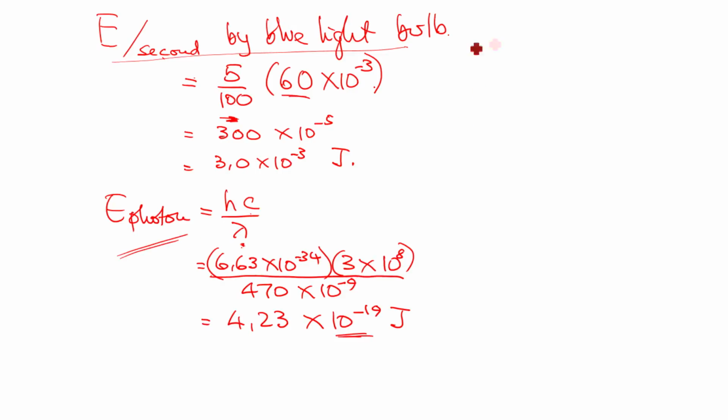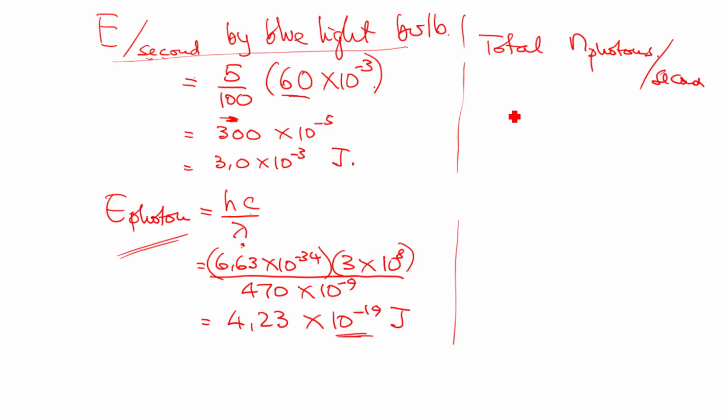So therefore, let me carry on working over here. The total number of photons per second. Now, that takes us back to this, is going to be 3 times 10 to the minus 3, which is the effective energy that we get from the light bulb, divided by the amount of energy required to release one photon.